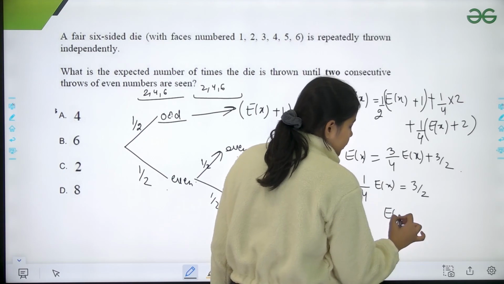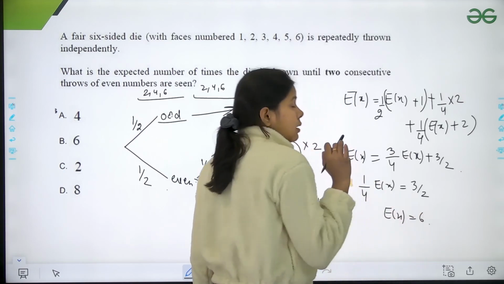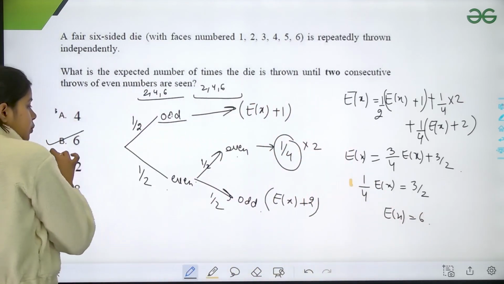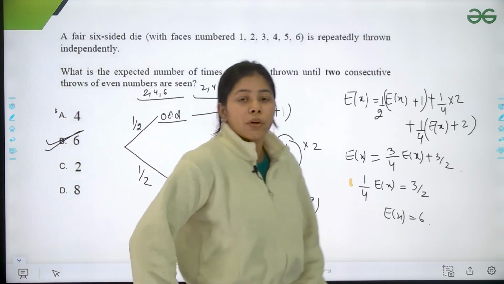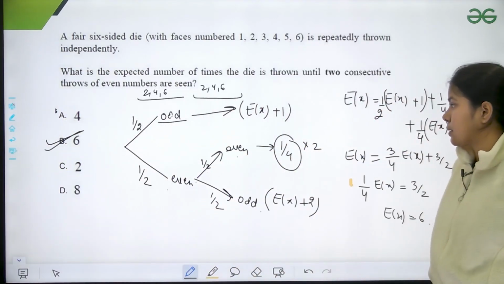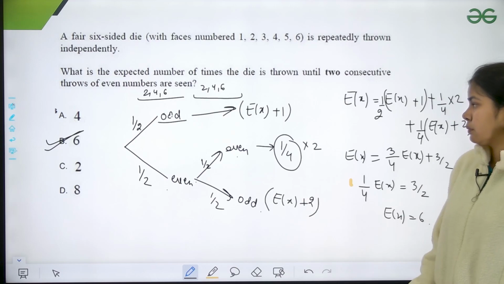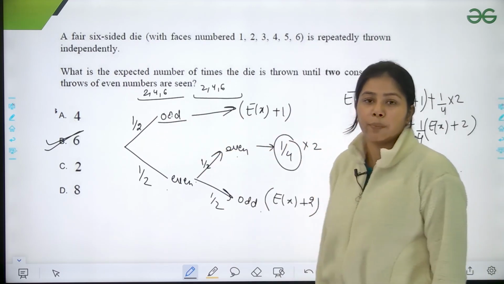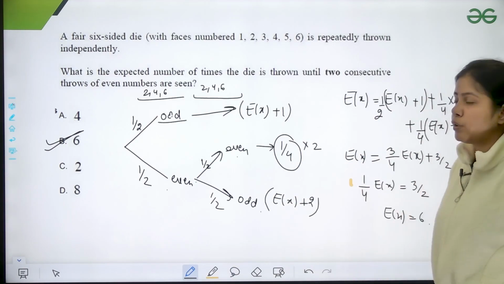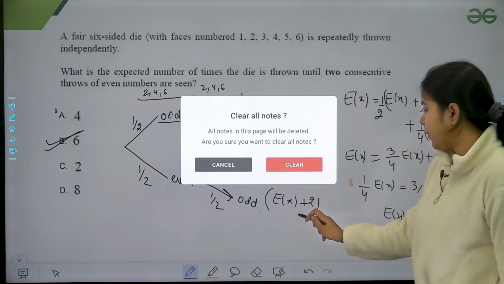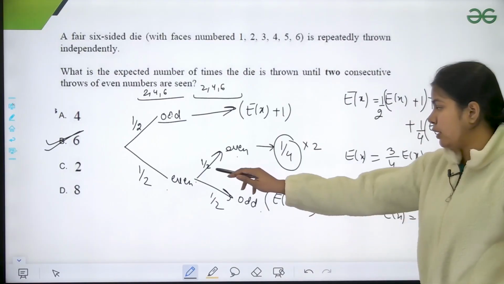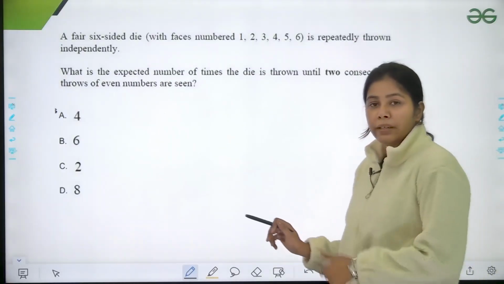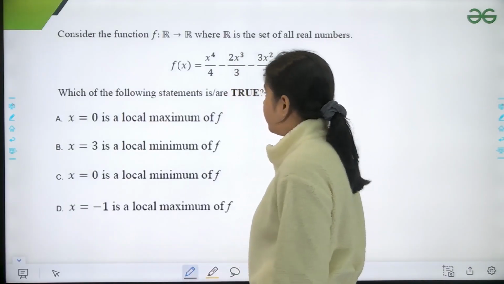On solving, you will get expectation of x equals 6. So 6 is the correct option here. Option B is correct, right? In this case we add 1 because we have used one step, so we move forward. In the other case we added 2 because we have already used two steps, so the expected value plus 2.